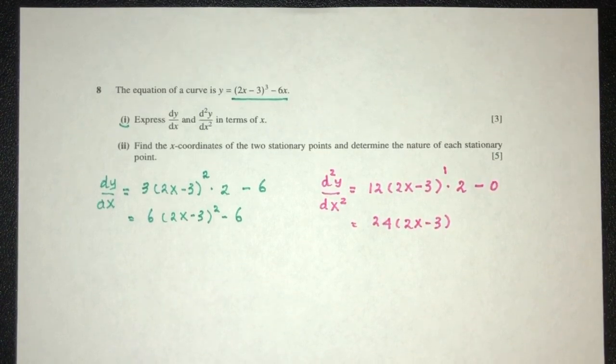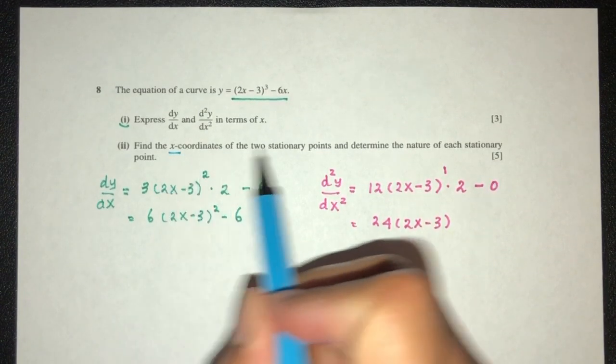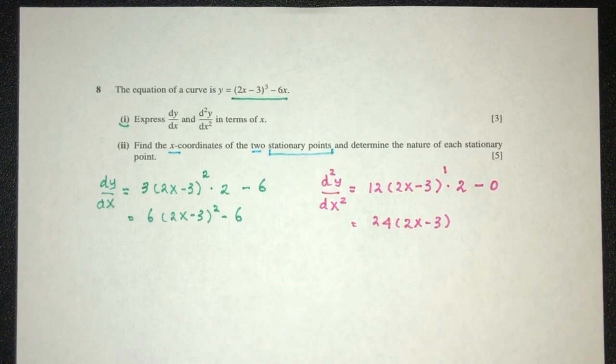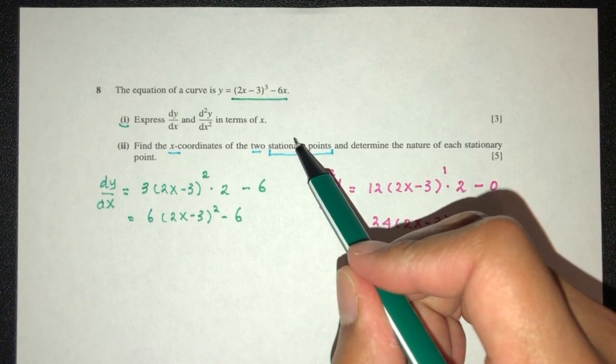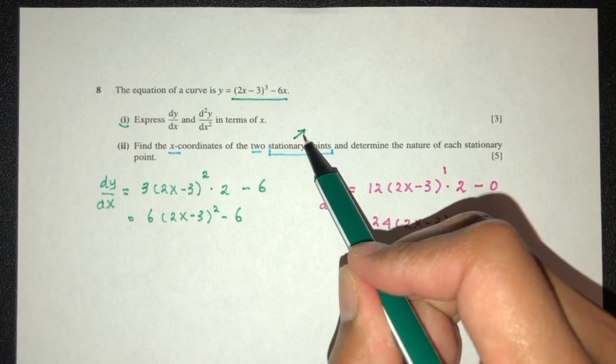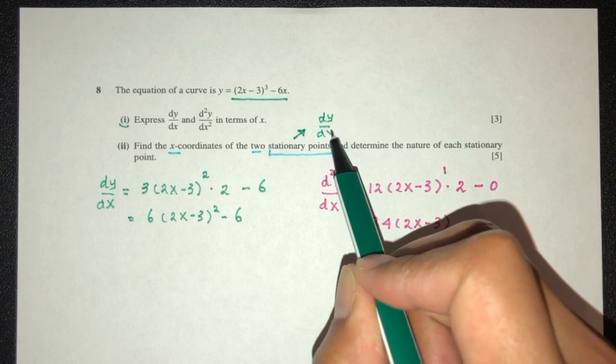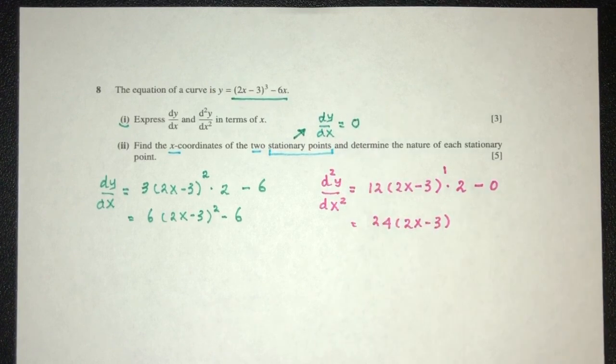Now for part 2, we have to find the x value of the two stationary points. Now something we have to know is that at the stationary points, dy by dx has to be 0. That's something we have to keep in the back of our mind.